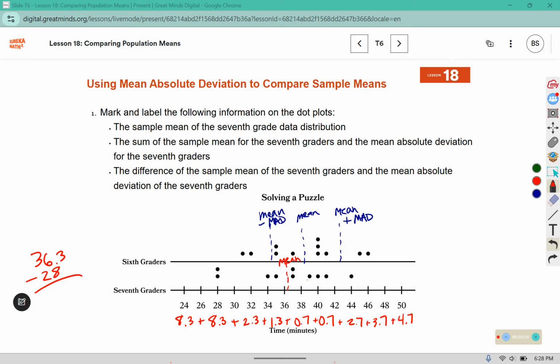And 44 minus 36.3 is 7.7. Add all those up, and that is 40.4.